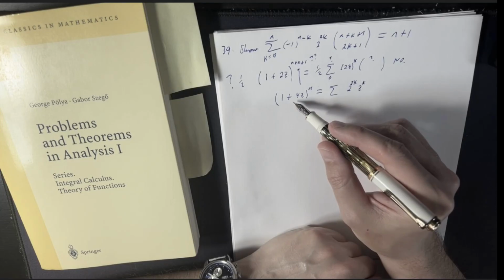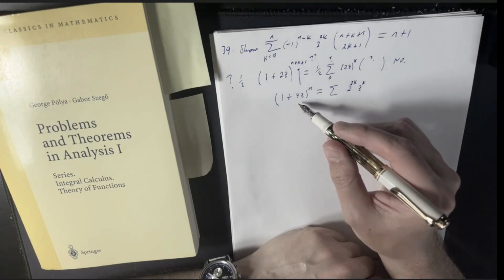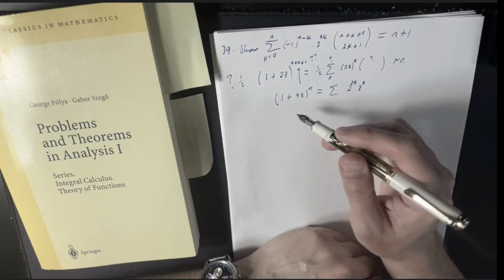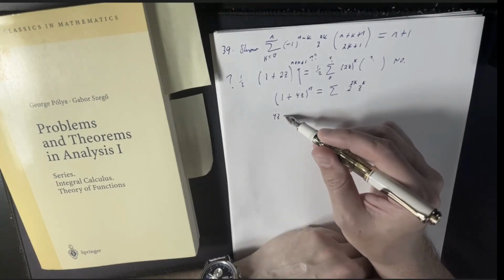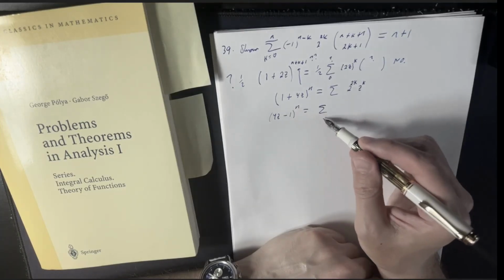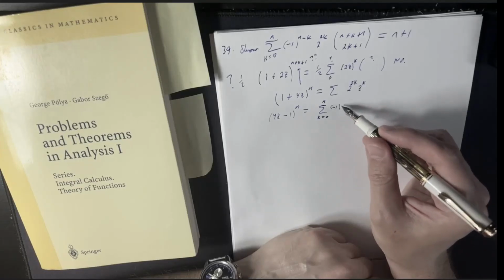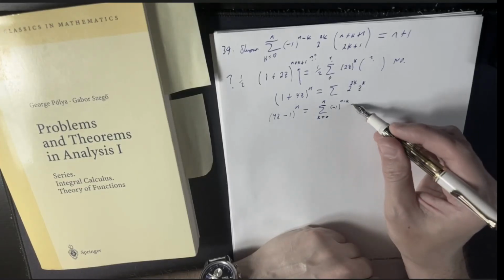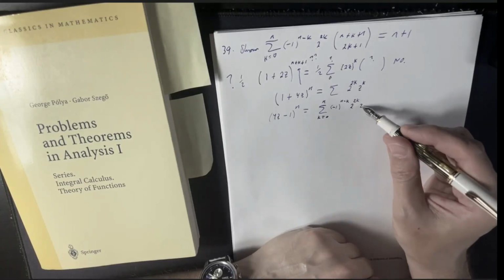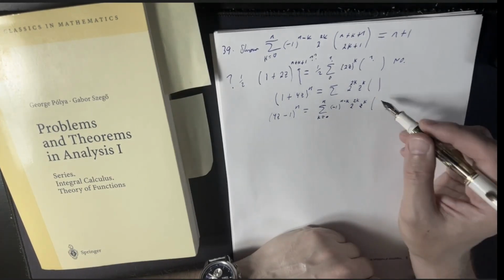I guess we could make the other term negative, we could have done like 4z minus 1 to the n. So you get something like this. And there's a term here, obviously.